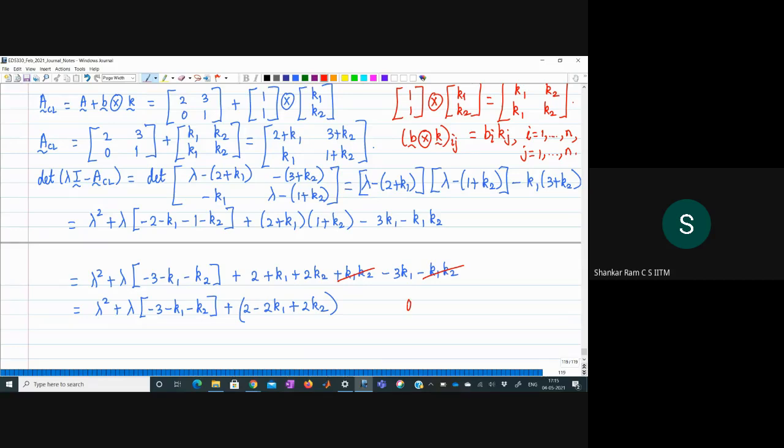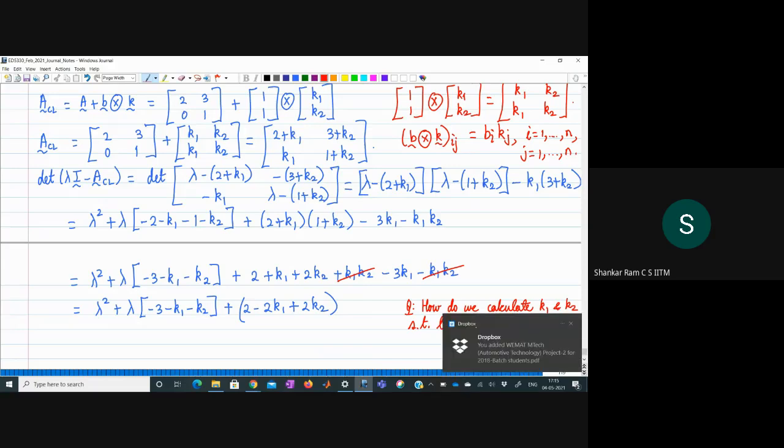Now the question that we need to ask is, how do we calculate K1 and K2 such that the closed loop eigenvalues are at -1 ± j? Right? How do we do this?